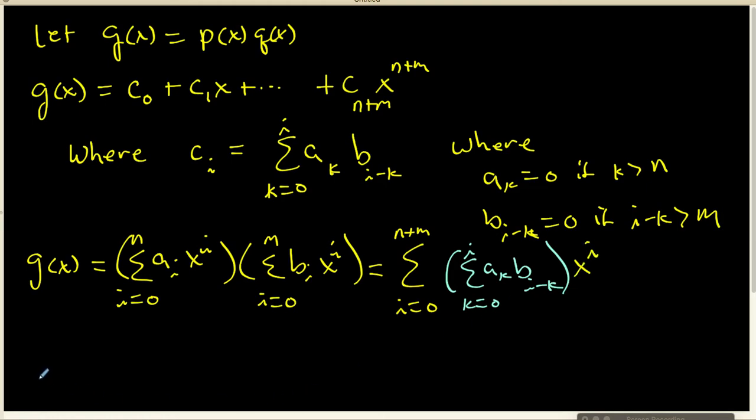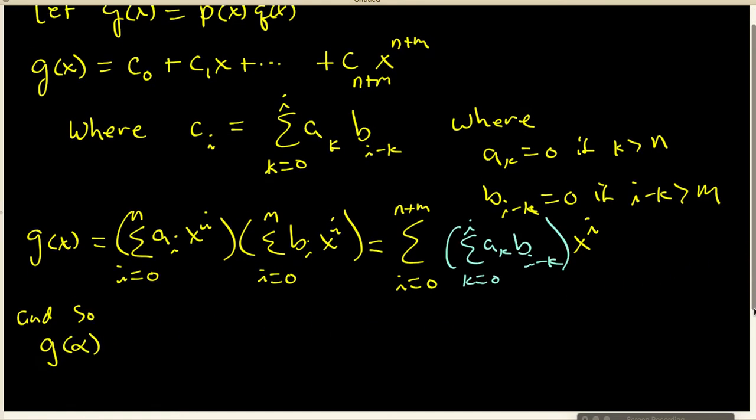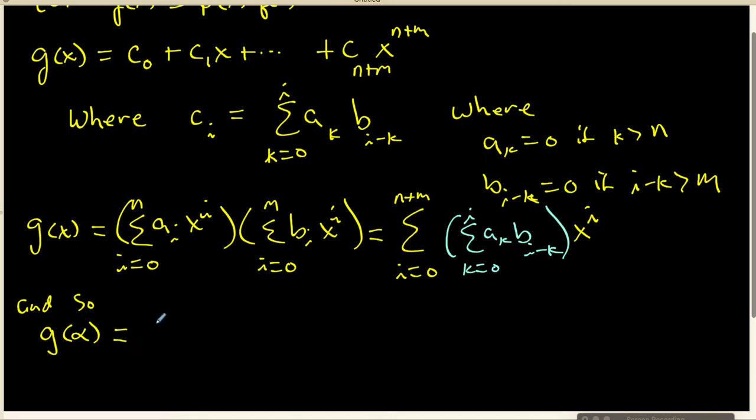Well, now let's look at how evaluation works for this product polynomial. g of alpha, on the one hand, is going to have to be this, because all I'm doing to evaluate g at alpha is plugging in alpha for the x's.